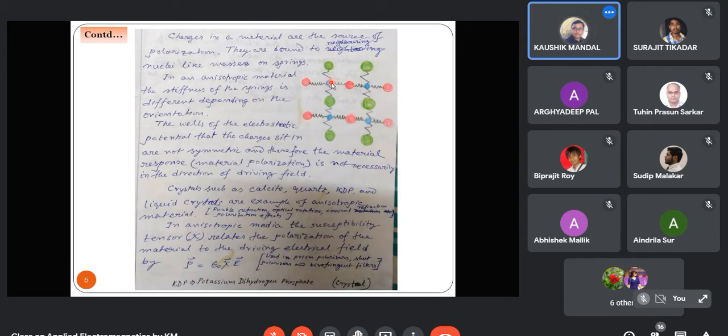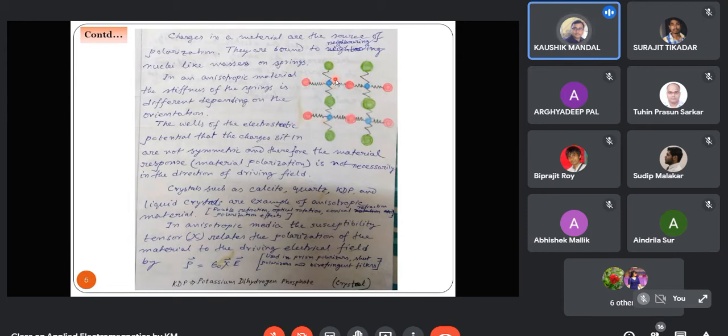If you consider it that way, these are the springs through which the electric charges are connected to the neighboring nuclei.